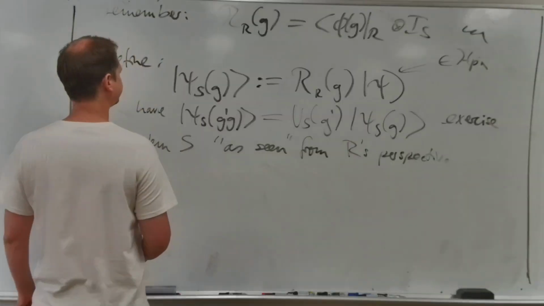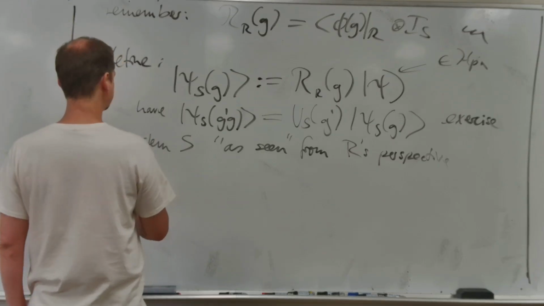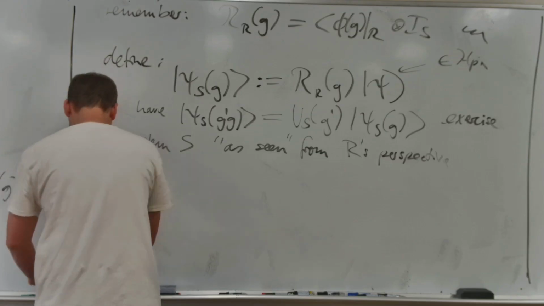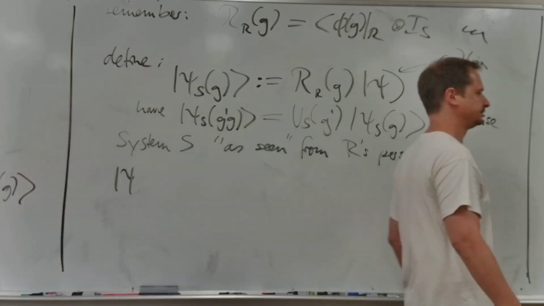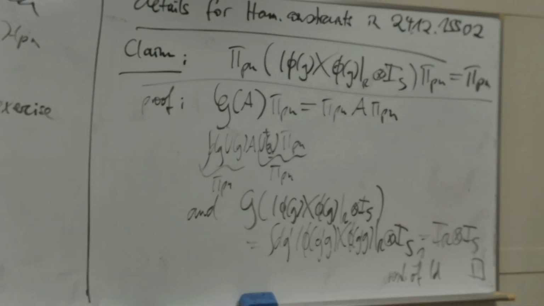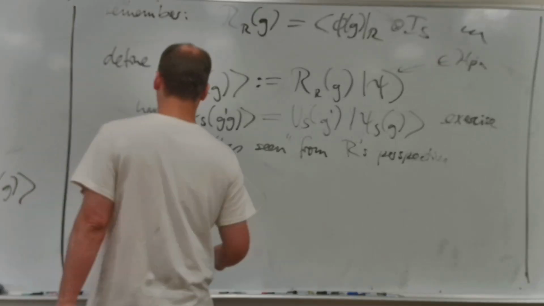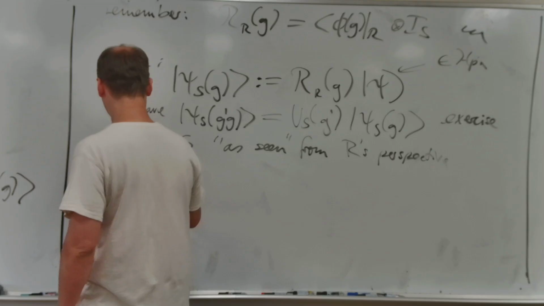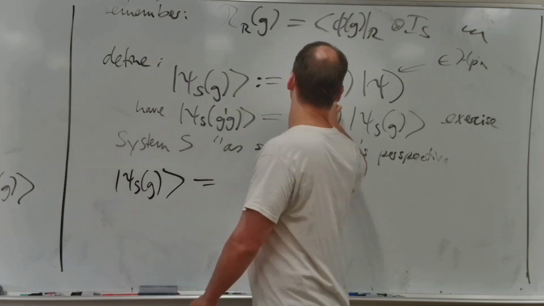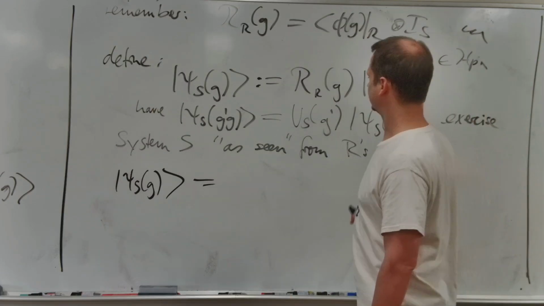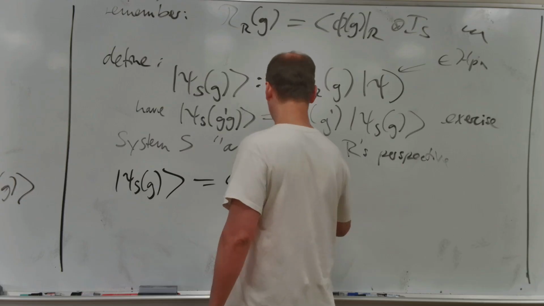So what we can do is, sorry, I'm going to open another one, like this. So we have that psi s of g, you know, I have this feature here, so it is phi of g psi.